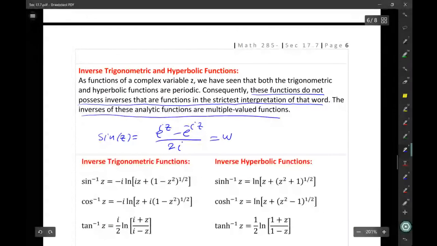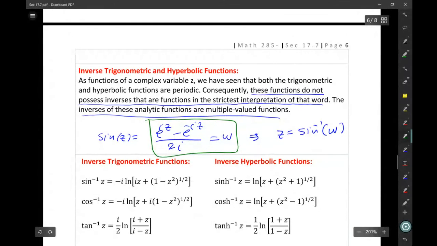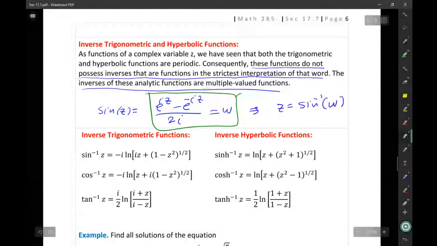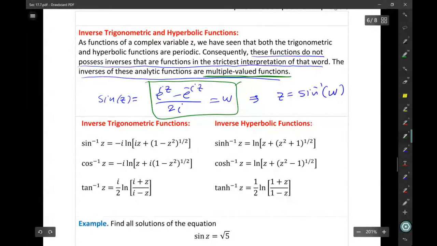You will assume this is equal W, then Z is equal sine inverse of W. It's just a matter of solving this equation with respect to Z. When you solve this equation with respect to Z only, you will see that you need to take ln, and the ln is a multiple valued function. So sine inverse of Z is equal minus I ln of IZ plus 1 minus Z square square roots.